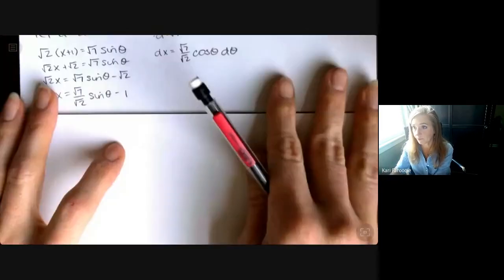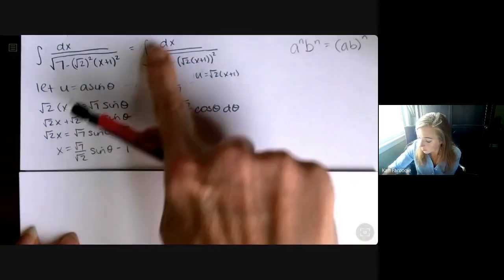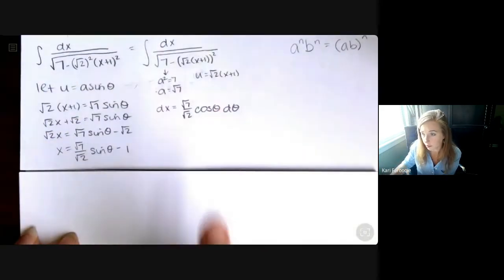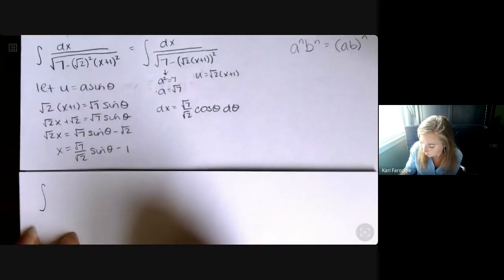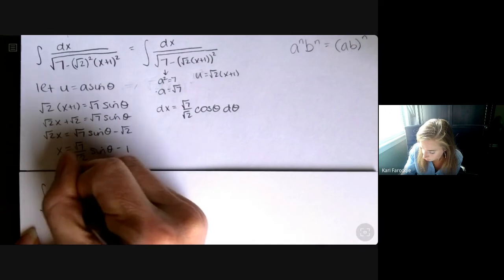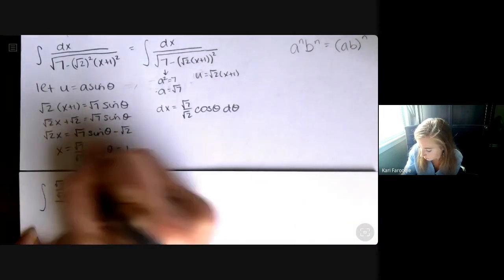All we're going to do is sub this stuff back in. Okay, so here's our integral. So the dx is going to be root 7 over root 2 cos theta d theta.